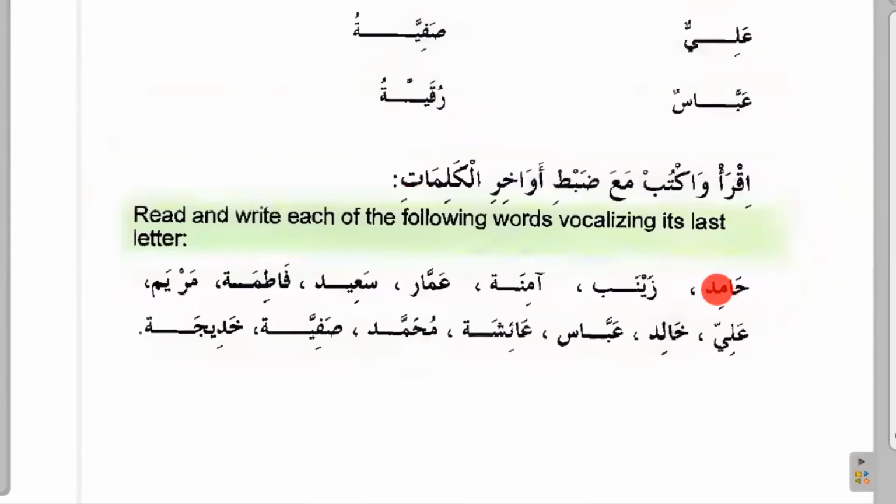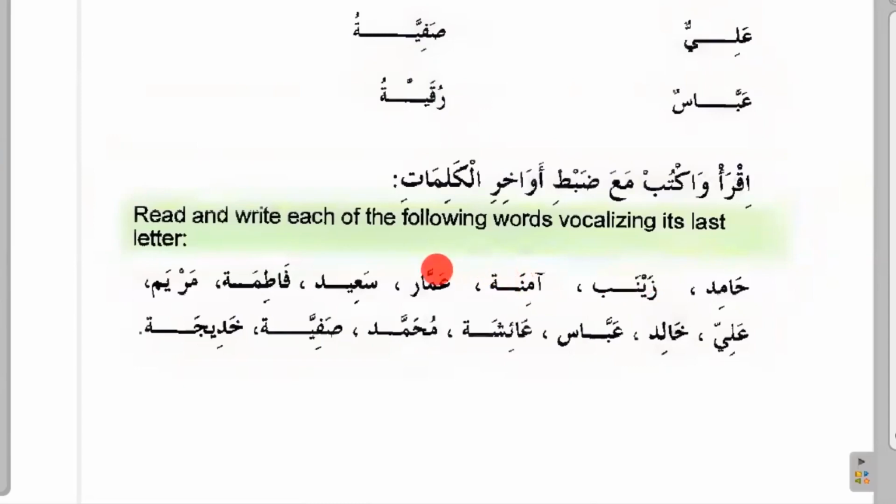And so Hamidun, or is it Hamidu? Two dhammas or one dhamma? I said if it is a masculine name, it can take two dhammas. A feminine name doesn't, it takes only one dhamma. So you yourself read through. If you see it is a feminine name, you put one dhamma. If it is a masculine name, you put two dhammas. So Hamidun, two dhammas, masculine name. Zainabu, one dhamma, Zainab is a feminine name.